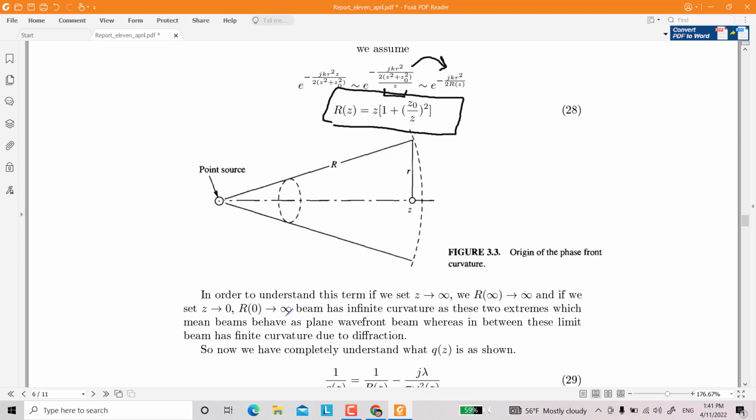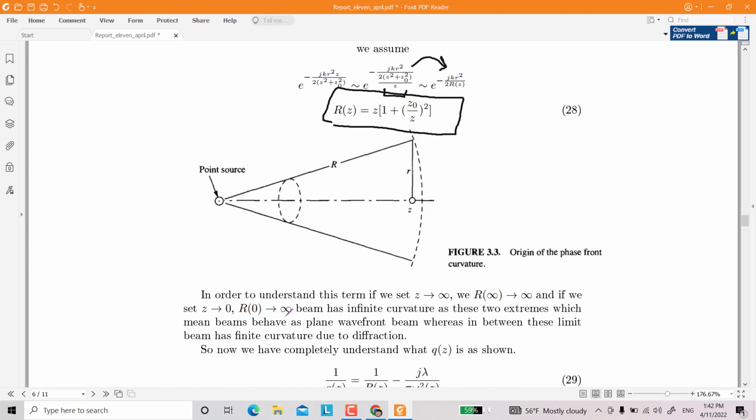And you know, the curvature of a plane wave is infinity. So this R of z suggests that it is some kind of curvature which is infinite when z is equal to 0, and it is also infinite when z is at infinity. Means this is a phase which comes from the curvature.